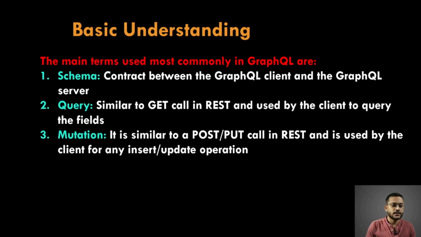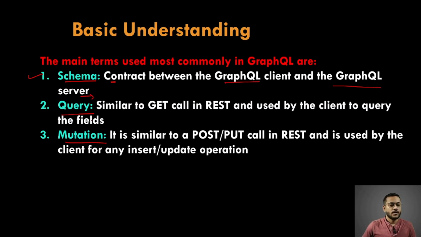So you need to understand these things: schema, query and mutation. What is a schema? Just keep this one-liner in mind and you will understand GraphQL: it is a contract between your GraphQL client and GraphQL server.